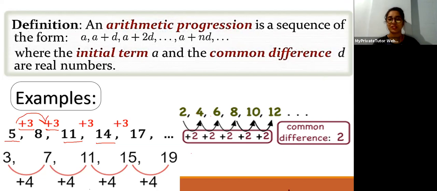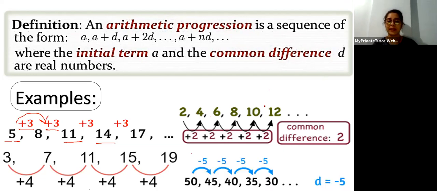Let's take one more example, and I would like everyone to try to give the answer to that question. The numbers you have are 50, 45, 40, 35, 30. So what is happening now? You can observe that the difference between each term is -5.